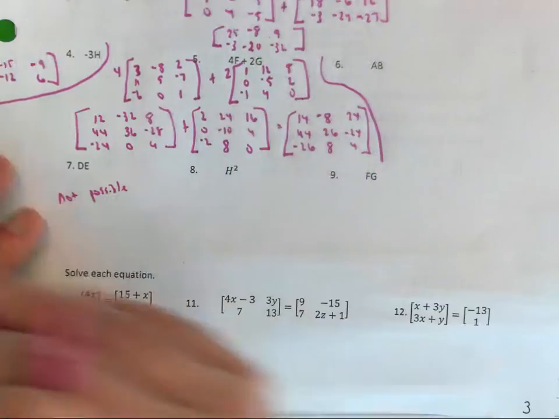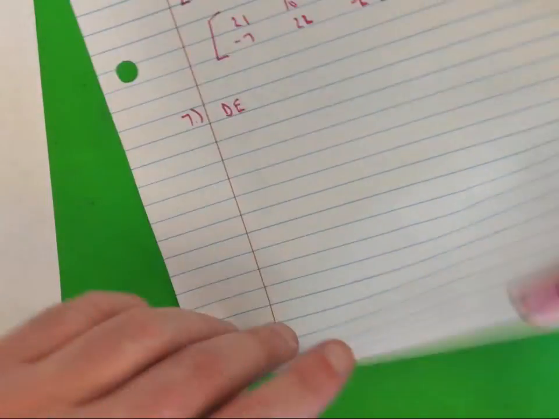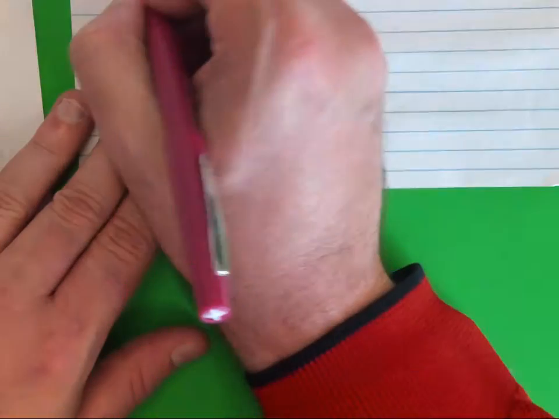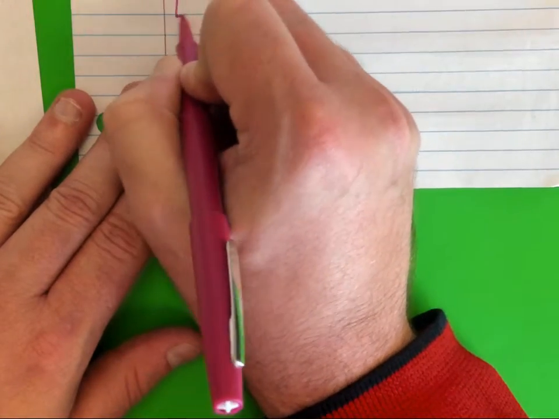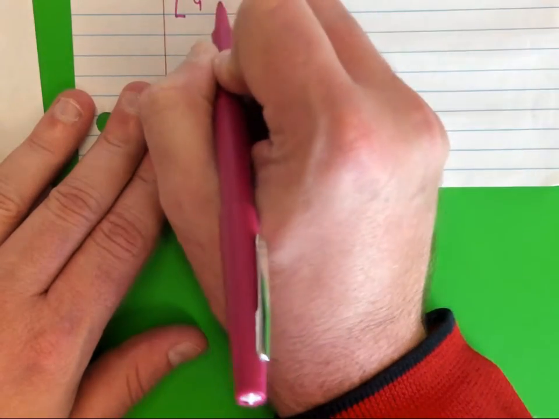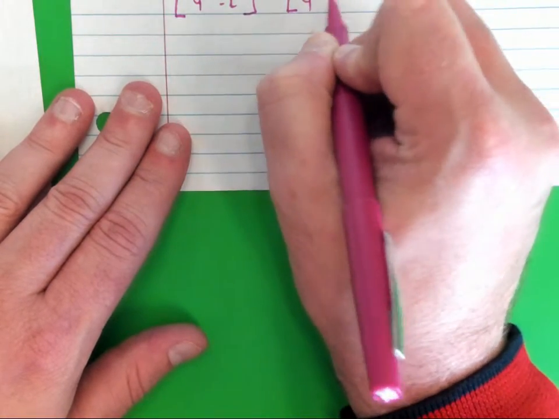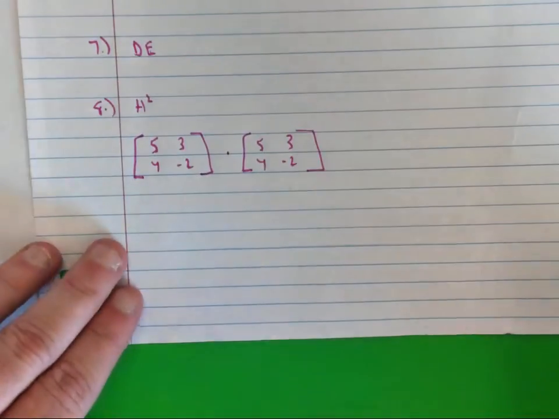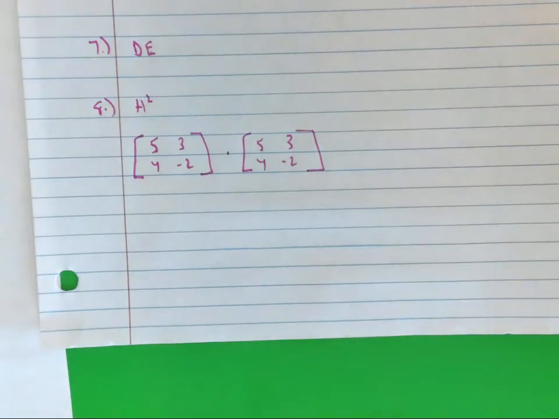Number 8, when this is h squared, that means h times what? You know, most of the time multiplication is commutative.